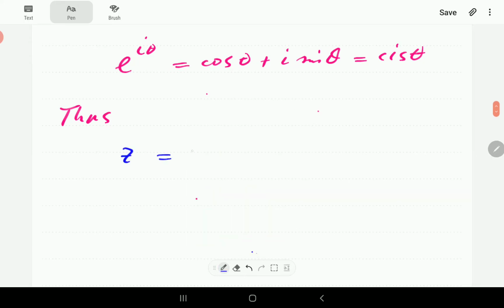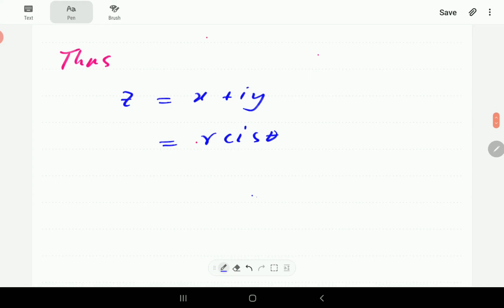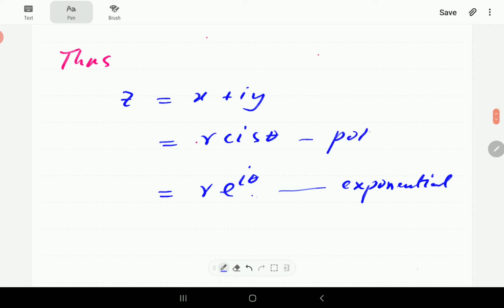So z is equal to x plus iy. This is the same as r cis theta. Now we're going to write this as r e to the i theta. Now this is called the exponential form of the complex number. This is the polar or trigonometric form, and of course this is the rectangular form.